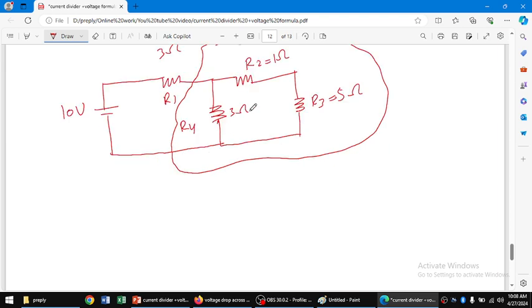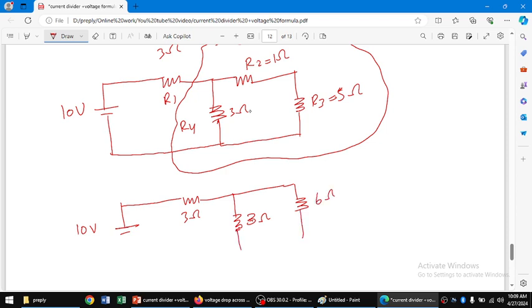So we have R1, 3 ohm, and now when we add 1 plus 5, that gives us 6 ohm. We solve it: 6 ohm.